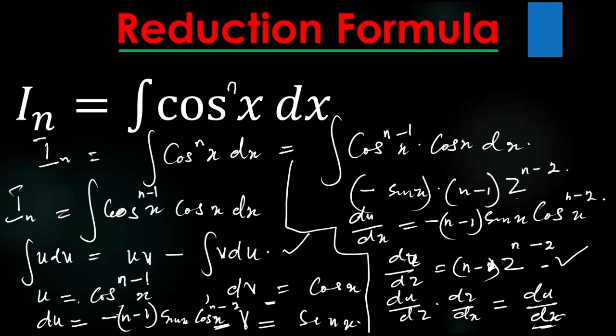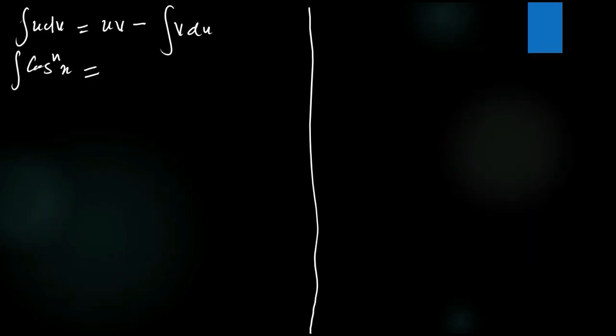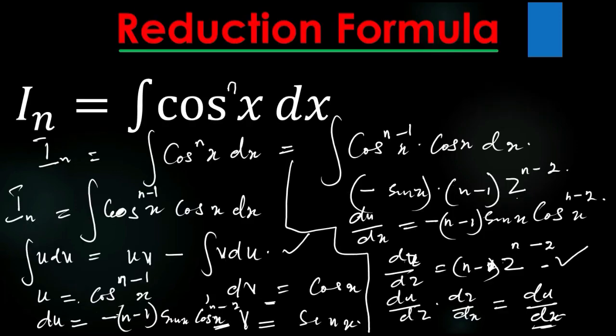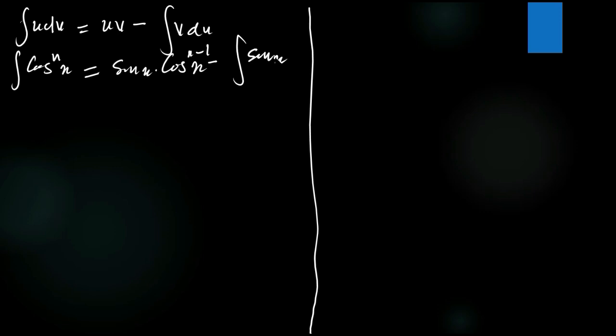My u is cos x raised to power n minus 1, my dv is cos x, and my v is sine x. That will be sine x times cos x raised to power n minus 1, minus the integral of v du, where my v is sine x and my du is minus n minus 1 sine x cos x raised to power n minus 2.